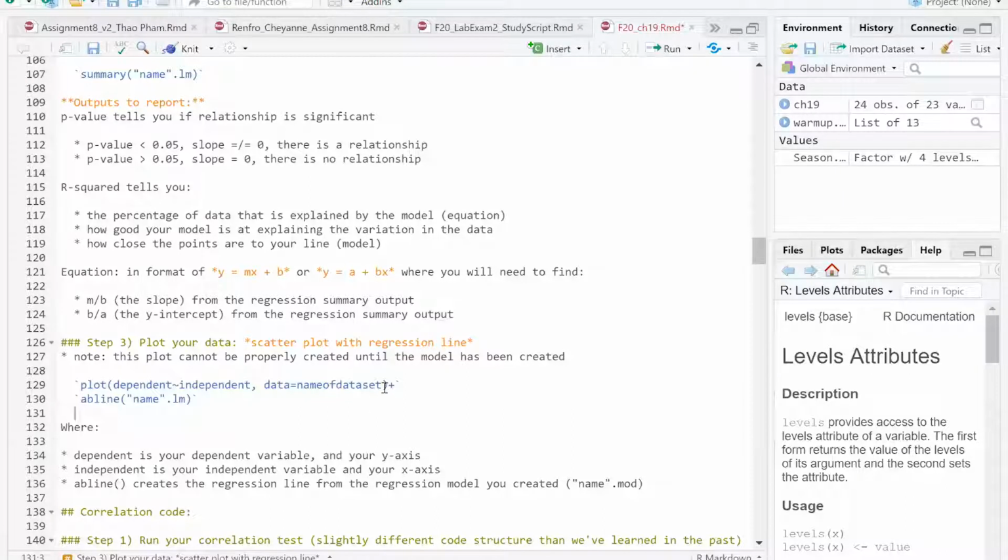If you do just this top portion by itself, you'll get a scatter plot. If you want to include a line, you need to include this plus, and then abline, and the name of your linear model. And that will draw a line through your data points.